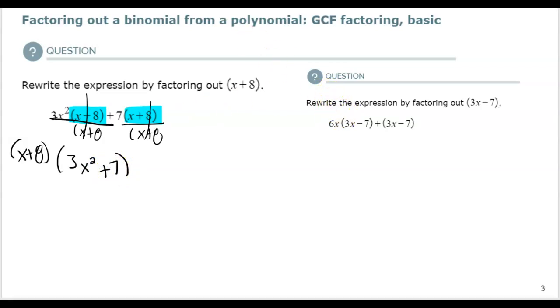Similar to this one, it asked me to factor out a 3x minus 7. If I factor out a 3x minus 7, I'm left with a 6x, and this becomes a plus 1.